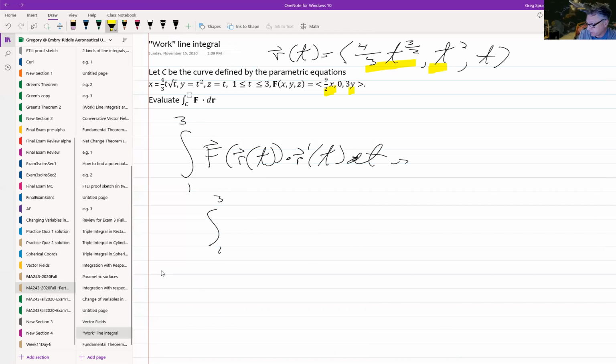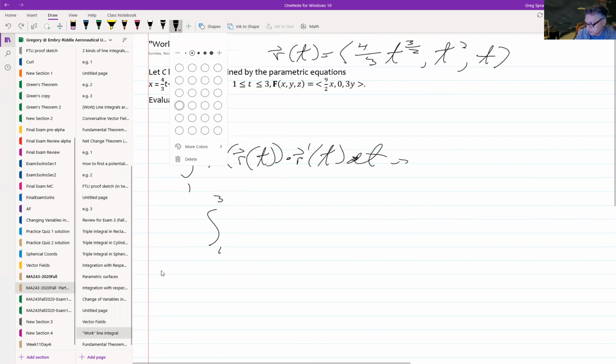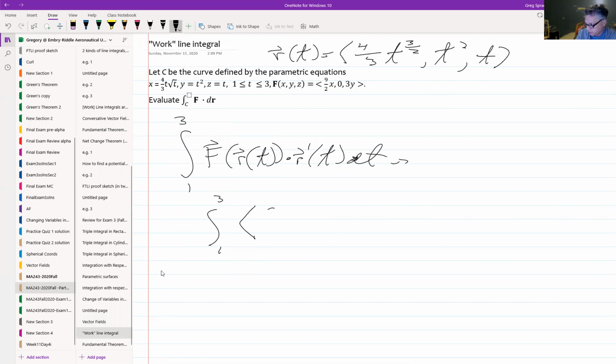Wherever there's a y, I replace it with t squared. So F of r of t is 9/2 times 4/3 t to the 3/2, 0, 3t squared.